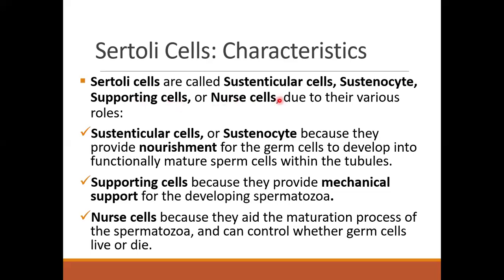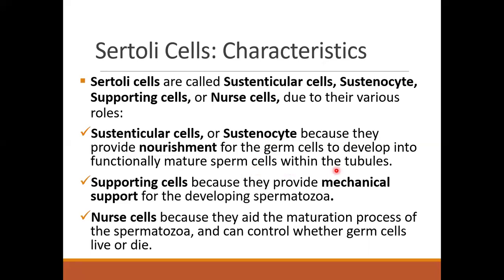Why are they called nurse cells? We try to have an idea about why a particular cell has all these names, and they are due to their various roles. Sustentacular cell is the same thing as sustentocyte. Wherever you see the suffix CYT, that is a cell. They are called sustentacular cells because they provide nourishment for the germ cells to develop into functionally mature sperm cells within the tubules. I think that's self-explanatory.